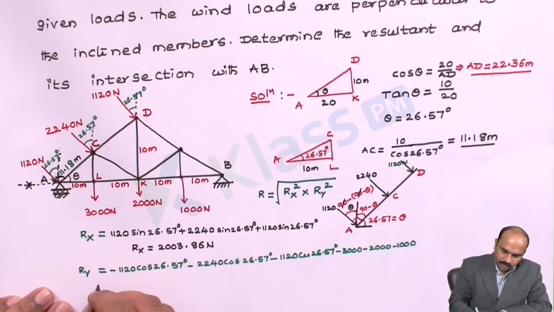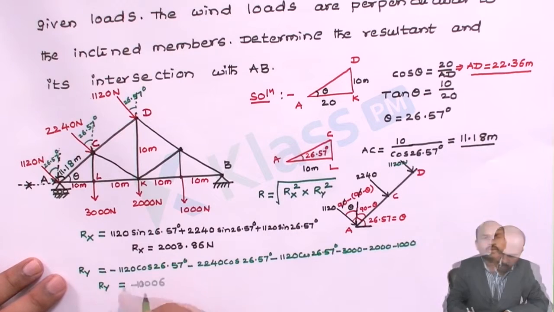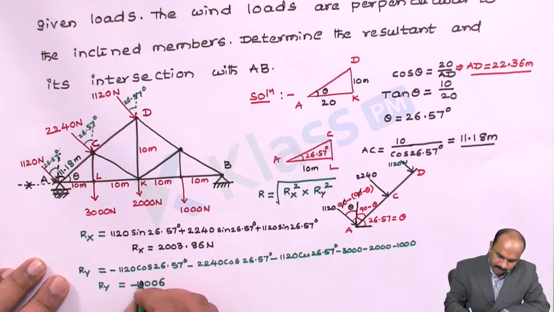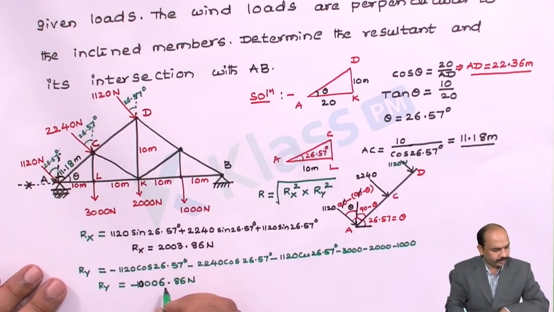So the total value of Ry we are getting is minus 10,006.86 newtons, which means vertically down. This is the sum of all the forces about the y-axis.